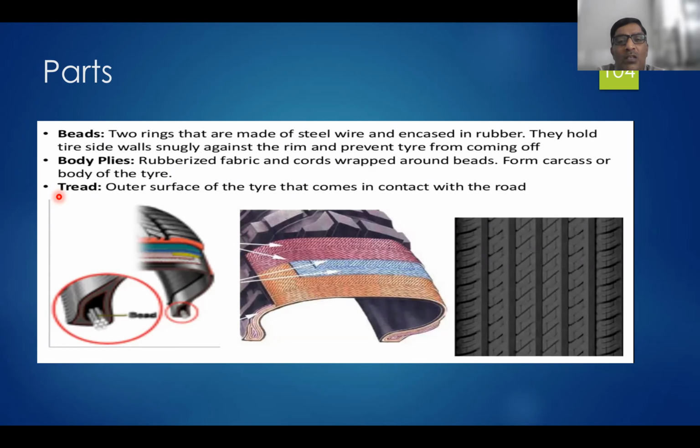Whatever steel wires are there, the rubberized fabric or cords wrapped around them are called plies. Then on the right side figure, you can observe the outer surface of the tire that comes in contact with the road. So this is about the tire.